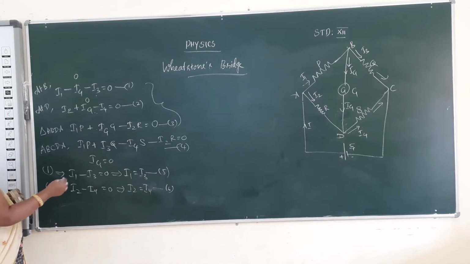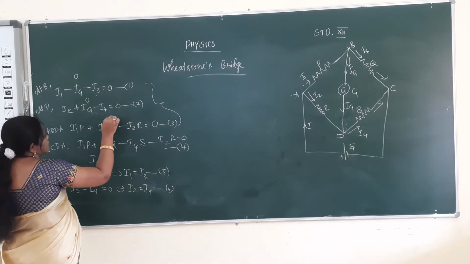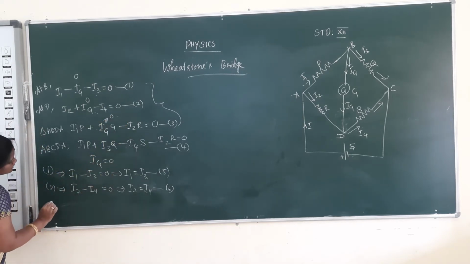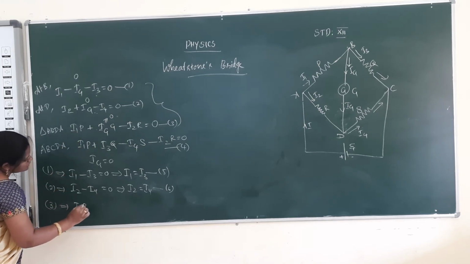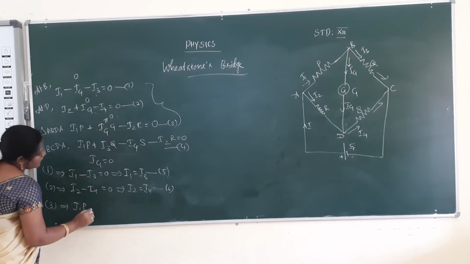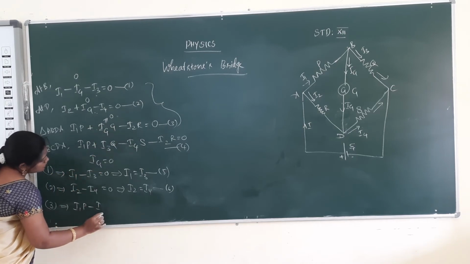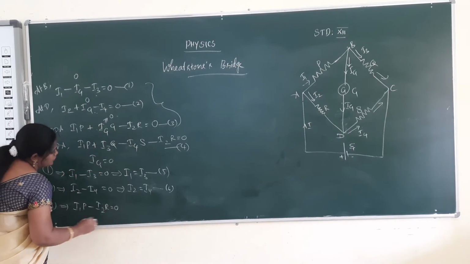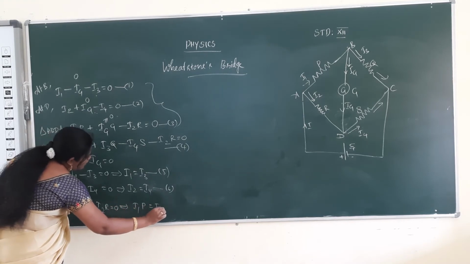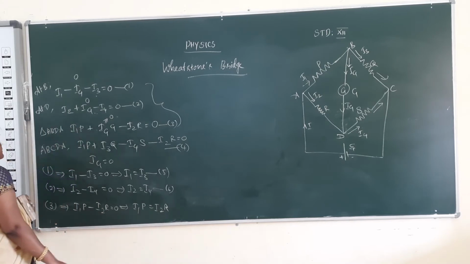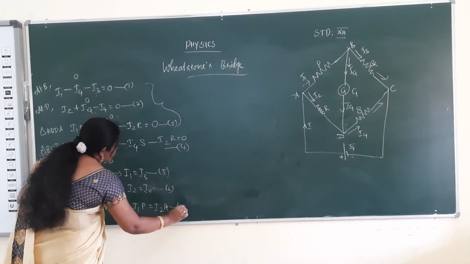And third one, Ig will be equal to 0. So the third equation becomes I1B, okay, this is 0, minus I2R. I2R will be taken as 0. So I1B will be equal to I2R. This is the seventh equation.